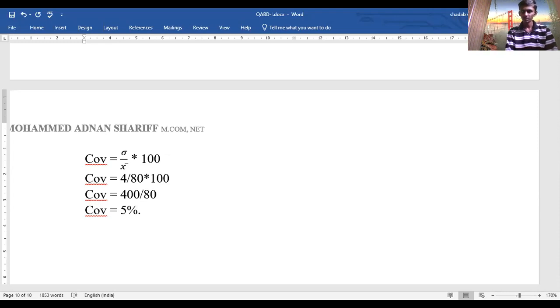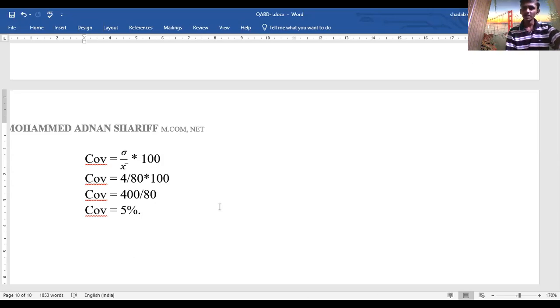Therefore, if you observe the coefficient of variance, in factory A it is 2.5%, in factory B 5%. In this question they have asked in which factory there is a greater variation in the distribution of wages.